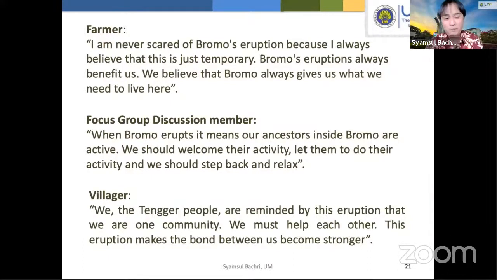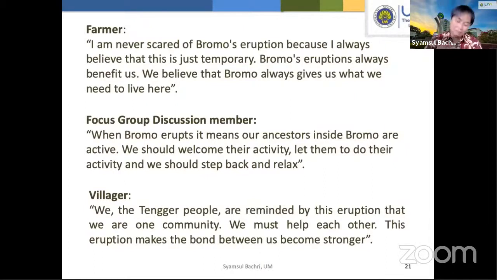And the villagers say, we, the Tengger people, are reminded by this eruption that we are one community. We must help each other. This eruption makes the bond between us stronger. In our daily life, when we are in a happy mood and good conditions, sometimes we forget our family.